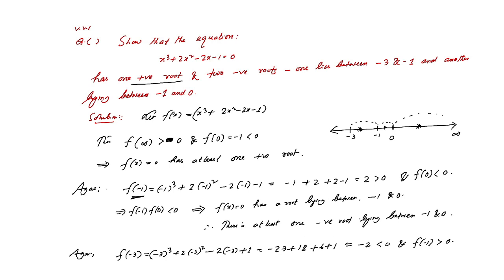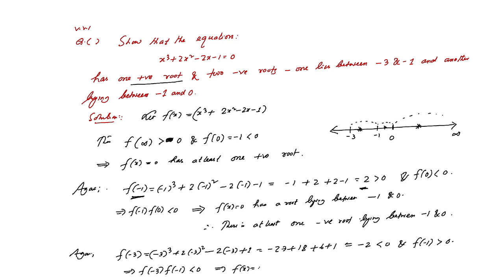We already saw f of -1 equals 2 and it is greater than 0. That means f of -3 into f of -1 is negative, they are of opposite sign.